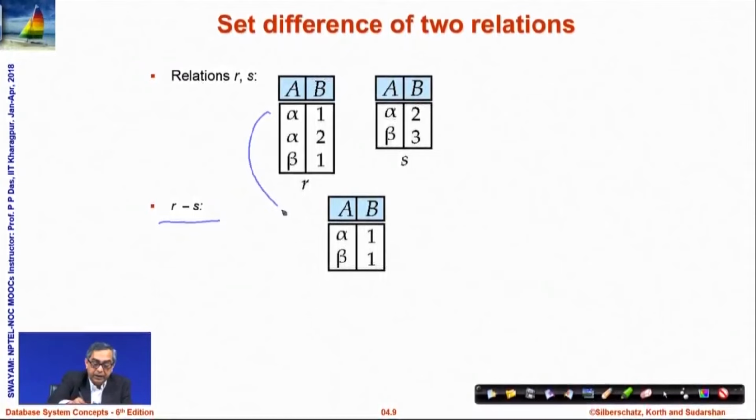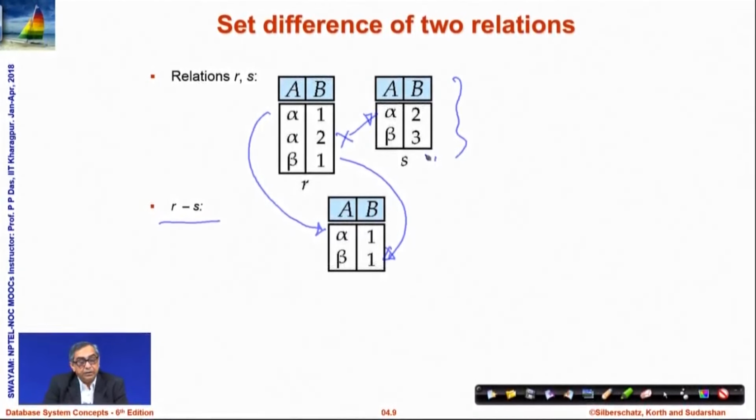So, this is included because this is not here, but this is not included because it is in S. This is included because this does not exist in the set S. So, you take the set R and then erase all the records which exist in S.